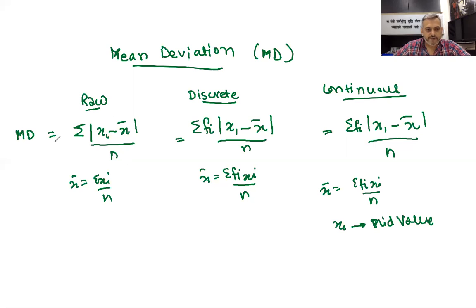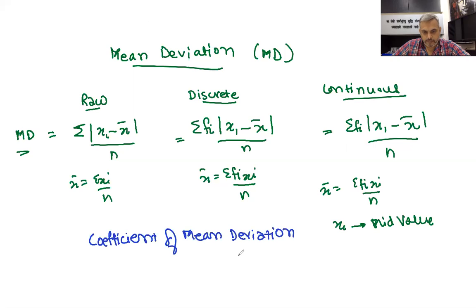Okay, now this is mean deviation. When we find mean deviation directly using all these three formulas, it is an absolute measure, but we have to find a relative measure for comparison. So we have the coefficient of mean deviation, which is equal to mean deviation upon mean.